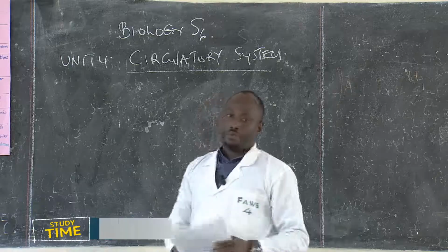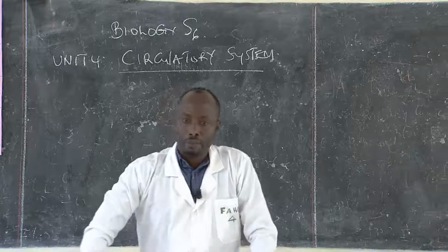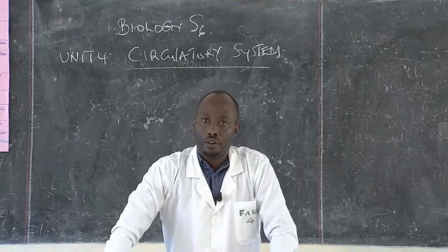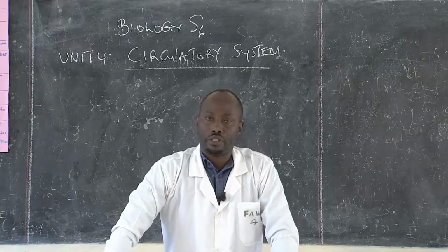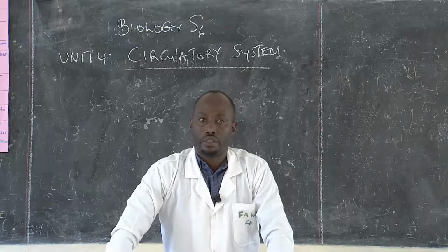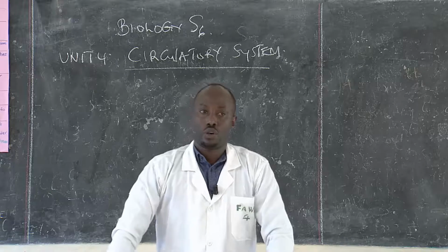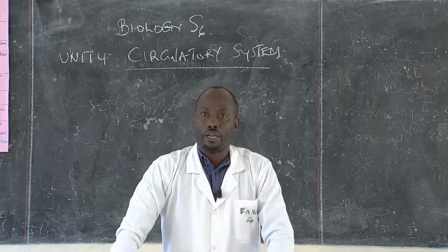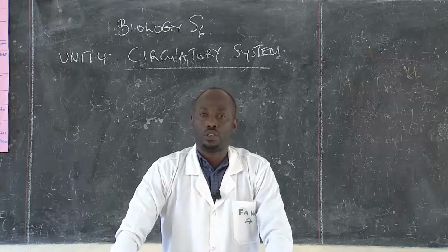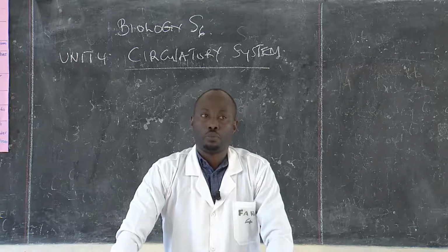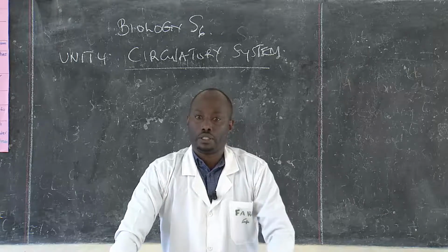So before we start our lesson of today, I know some of you have knowledge about the circulatory system. You discussed it in Senior 3. You know what it is concerned about. So we are starting our lesson. I remind you to take your exercise books, your pens, and notebooks, and note some important information.